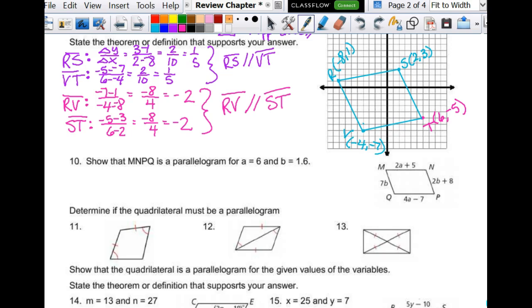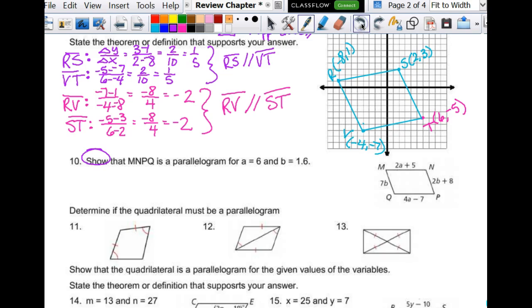All right, number 10 is a show problem, and I didn't really give you enough room for it, but we're going to show that MNPQ is a parallelogram for A equals 6 and B equals 1.6. All I have is the side lengths, so I'm probably going to have to use the fact that... oh wait, I want to show it, so I don't start with "if it's a parallelogram."